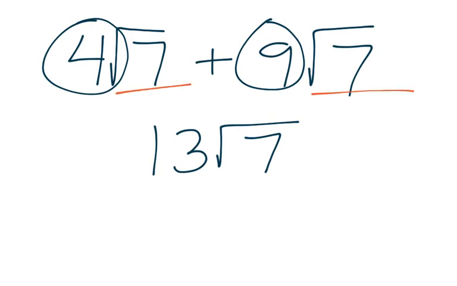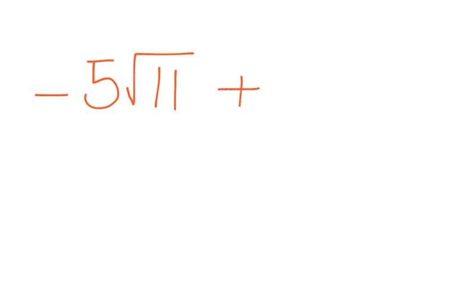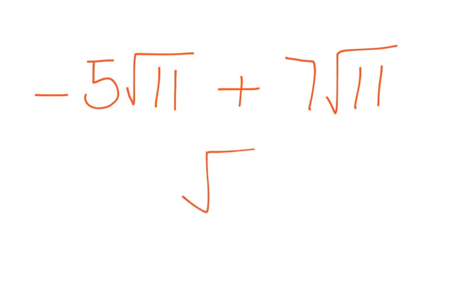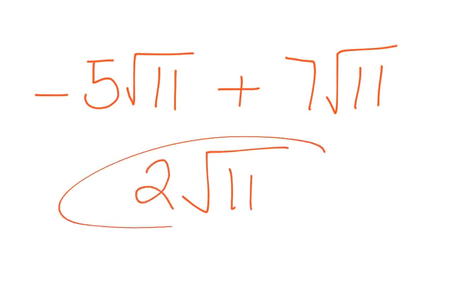Let's do one more: negative 5 root 11 plus 7 root 11. The root 11 stays the same, and then negative 5 plus 7 is 2. So 2 root 11.